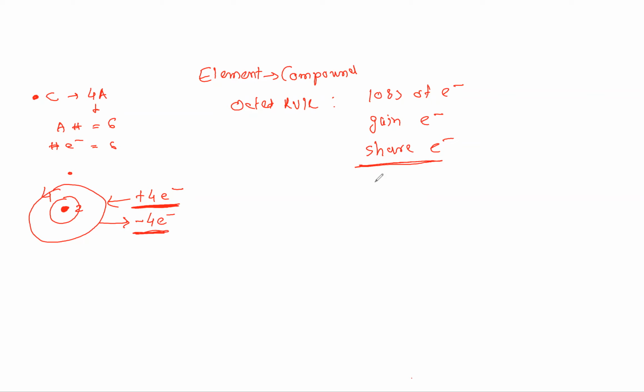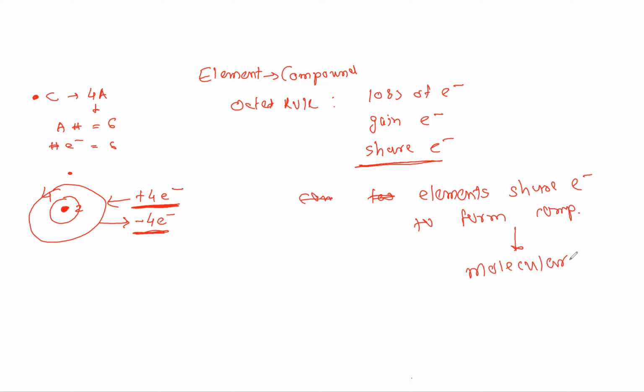I'm going to explain that one more time in the form of a table, but I'm just going to say that when elements share electrons to form a compound, that compound is called a molecular compound, or it can also be called a covalent compound. There are two names, covalent compounds.